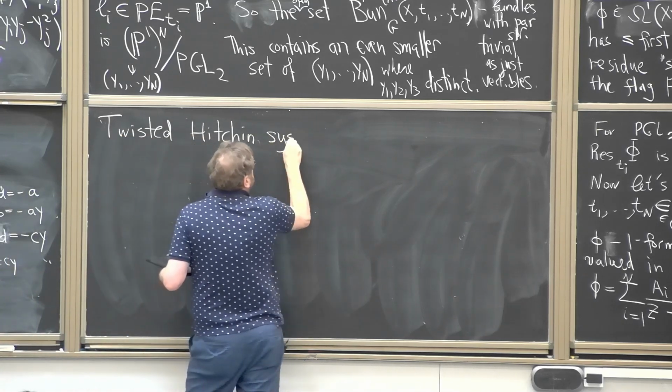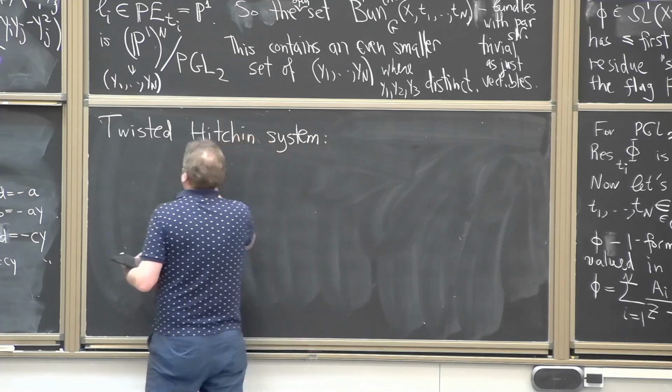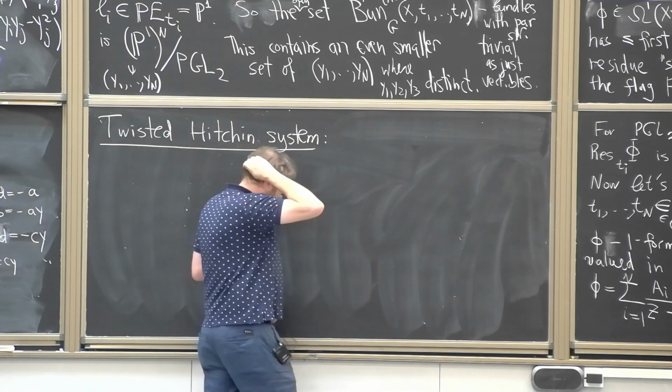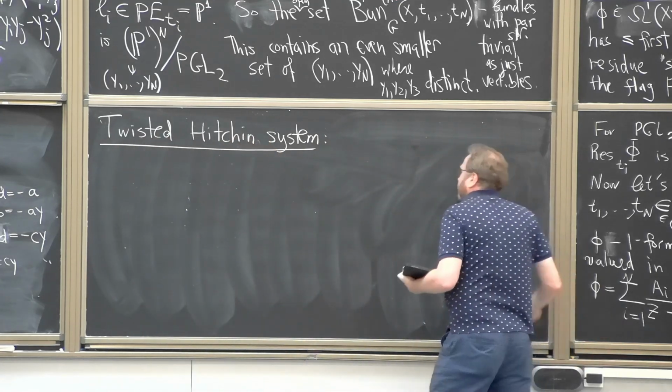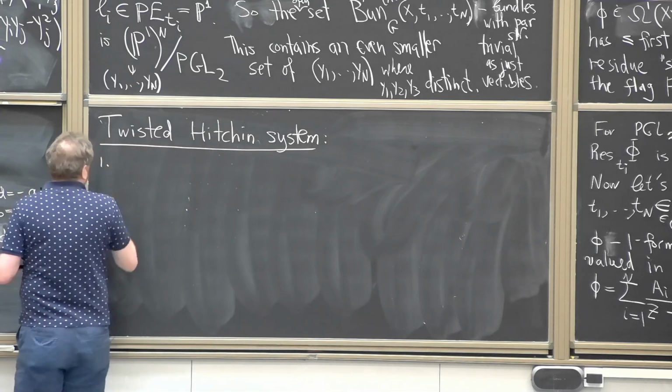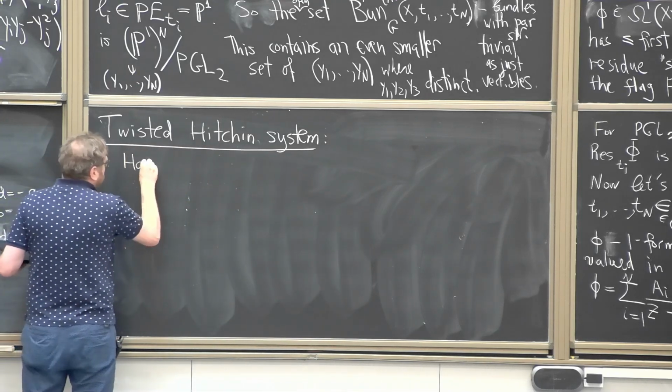So, the twisted Hitchin system. And for this purpose, I first have to explain Hamiltonian reduction along an orbit.